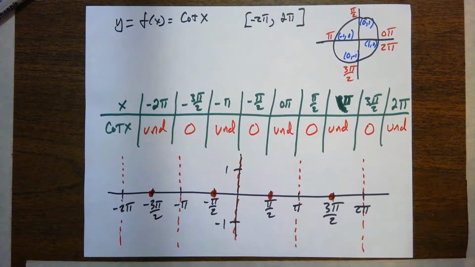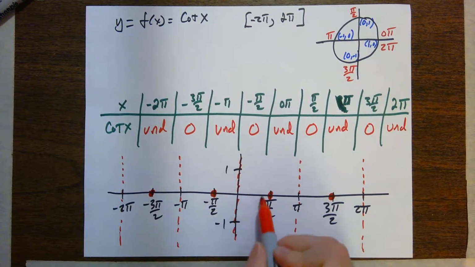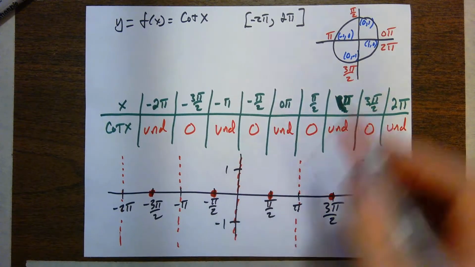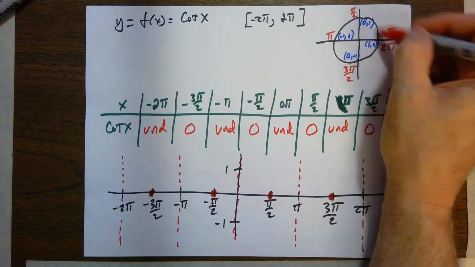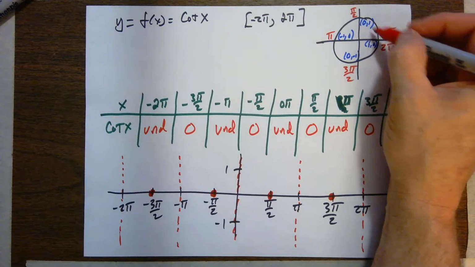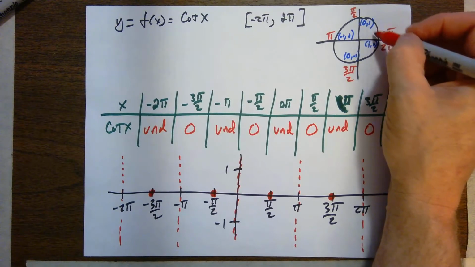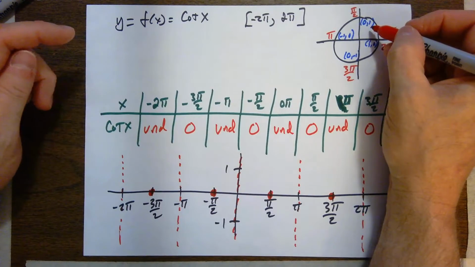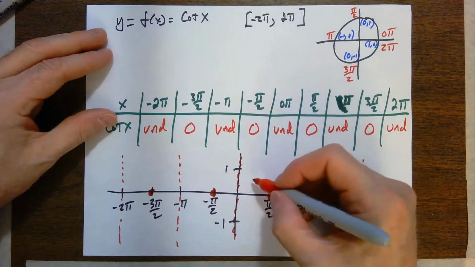And I'm going to have to use the same trick now, and I think about this. So if I look here in this quadrant right here, what's going on here? Well, between 0 and pi over 2, here it is. So is cotangent positive or negative there? Well, tangent is positive, therefore 1 over a positive number is still going to be positive. It's positive here.